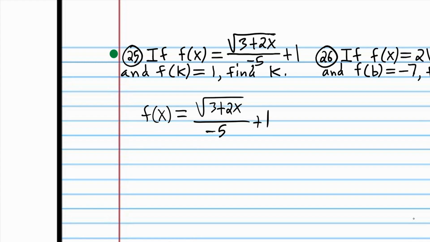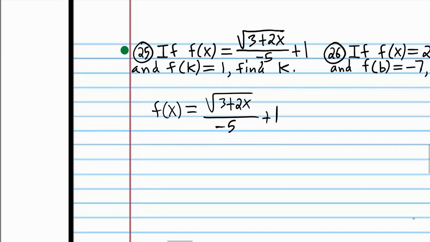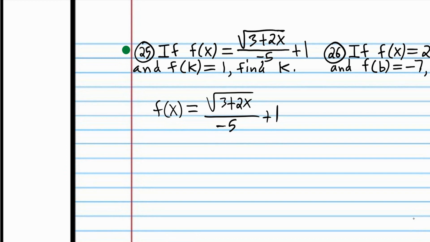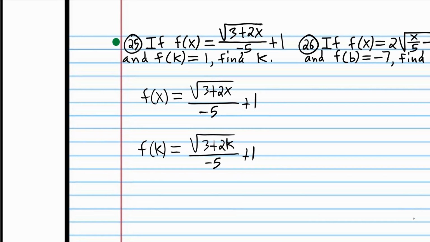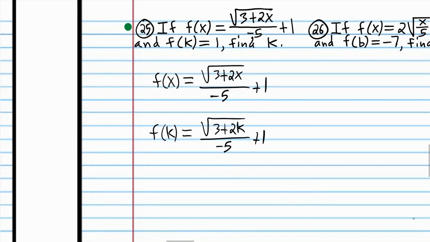And if that's true, then f of k has to be equal to the same expression except k instead of x. And we're told that f of k is equal to 1.